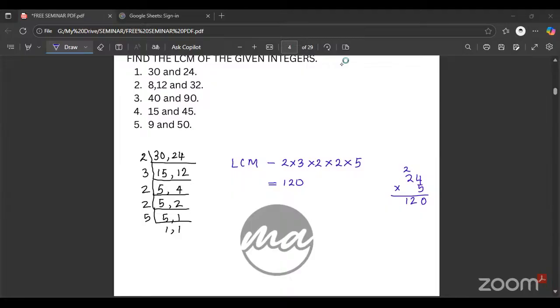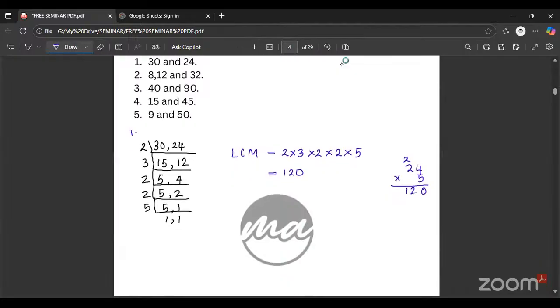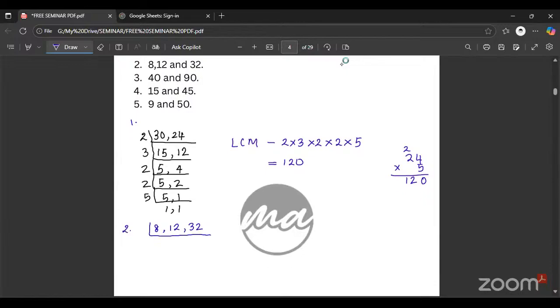Okay, so let's look at the second one's answer. The second question says 8, 12, and 32. We can divide all of them by 2. The answer here will be 4, 6, and 16.